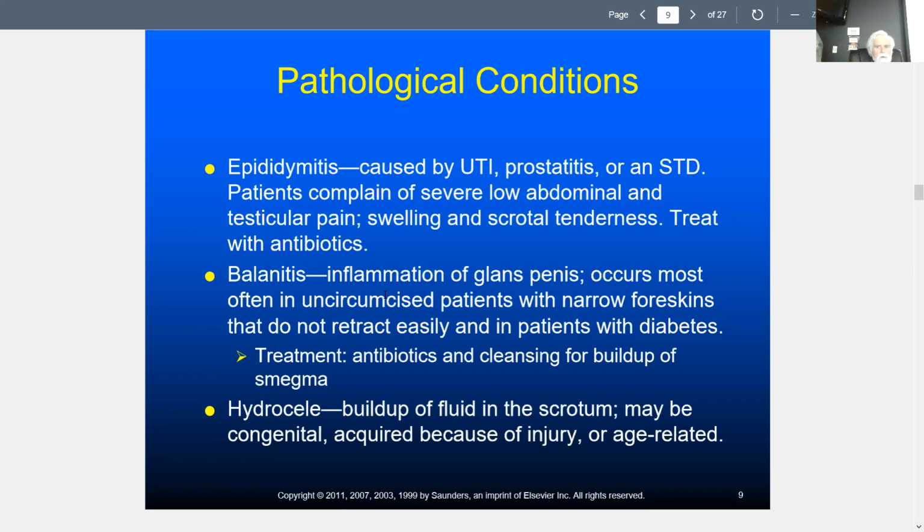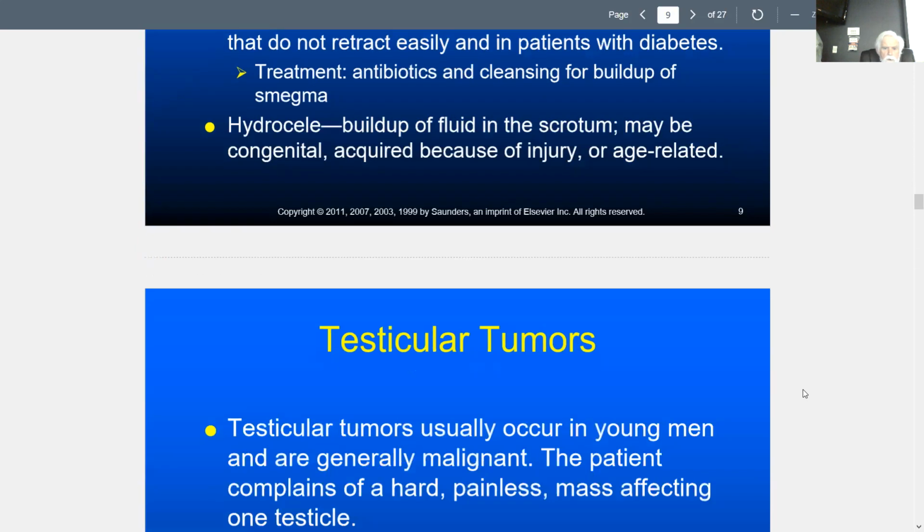The epididymis can have it, obviously. The prostate can have it. The head of the penis can often have an inflammation as well. There can be fluid buildup in the scrotum for a number of reasons. It may be pathological, it may be congenital, or it might be injury caused.